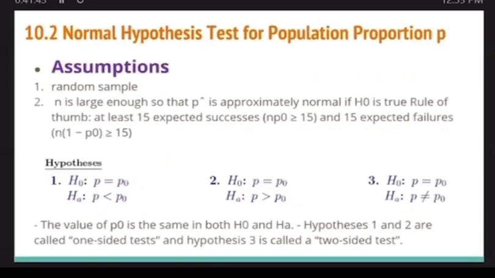Okay, now I want to present something to you. Don't let me make a mistake. I don't want to confuse you, because when you are conducting a hypothesis test about a proportion, or constructing a confidence interval about a proportion, I want us to use one condition when it comes to our assumptions.